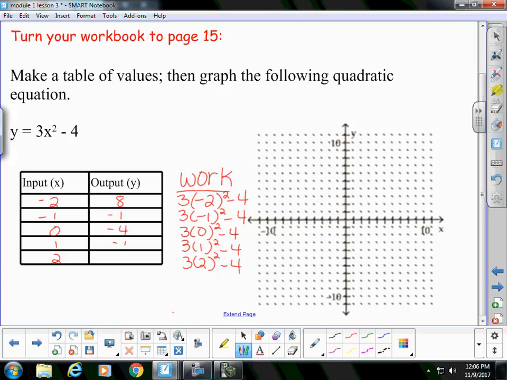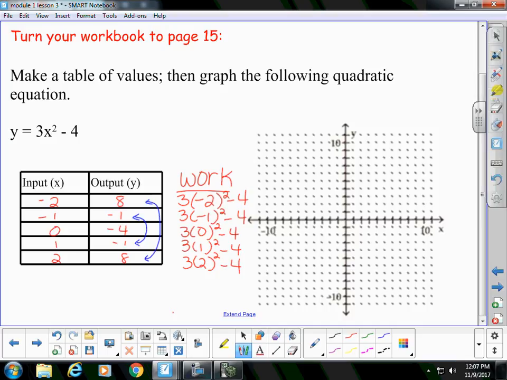Okay, so -1 and 8. So these 2 right here should come out to be the same, and these 2 right here should come out to be the same. If they don't, then you know you've done something wrong. And that was all because of the symmetry, which is what makes the U. This one in the middle is the vertex point.